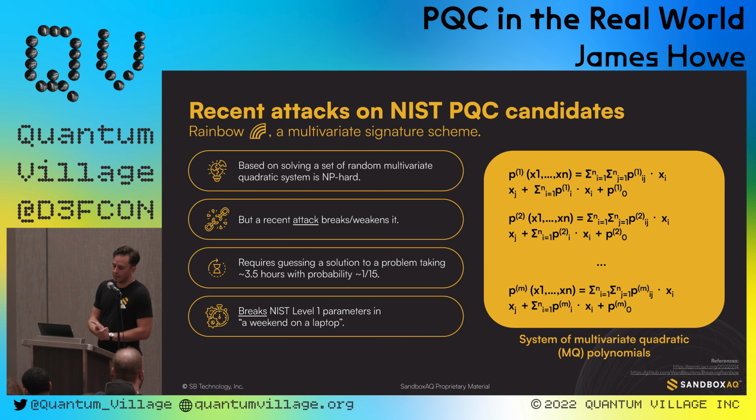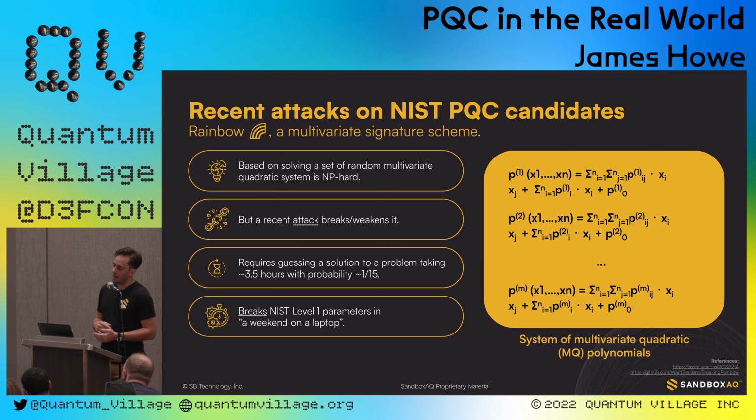And also we had another signature scheme called Rainbow, which used multivariate quadratic equations as a hardness problem. This was also recently attacked. It wasn't as devastating as the SIKE one, but it did shave off quite a lot of the bits of security.